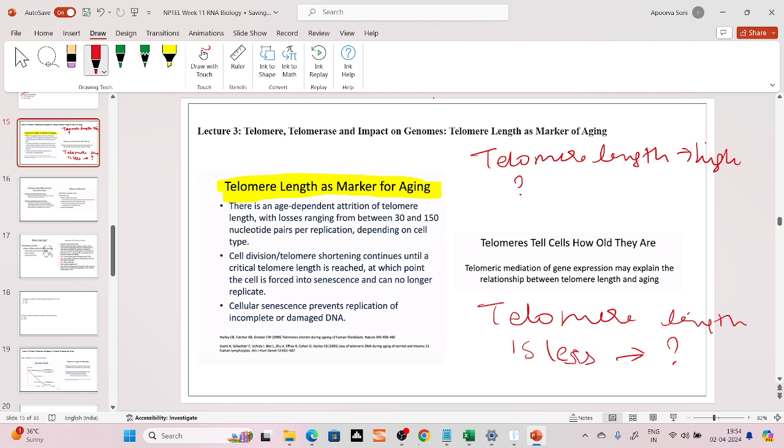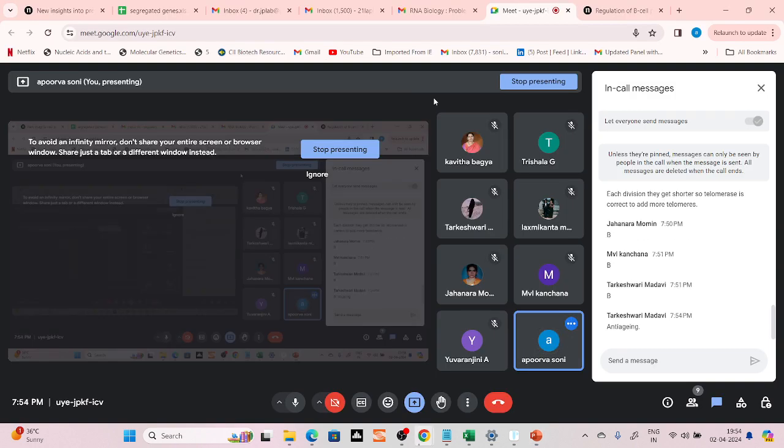Tell me, if the length of the telomere is high, what would be the effect on aging? Anti-aging, yeah. So if the length of the telomere is very high, aging would be prolonged. I mean, aging will come after a very long time, or will it come early?